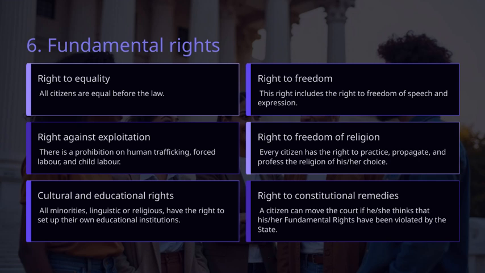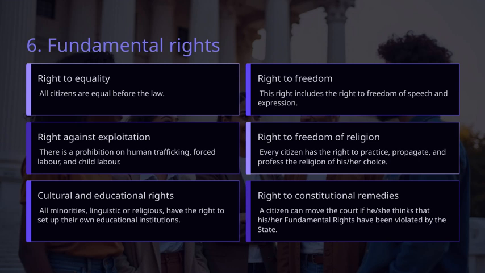The right to freedom is a broad concept that includes freedom of speech and expression, allowing us to voice our opinions and participate actively in societal discussions. Similarly, the right to religion guarantees every citizen the freedom to practice, propagate, and profess their religion of choice, fostering religious harmony and personal liberty.